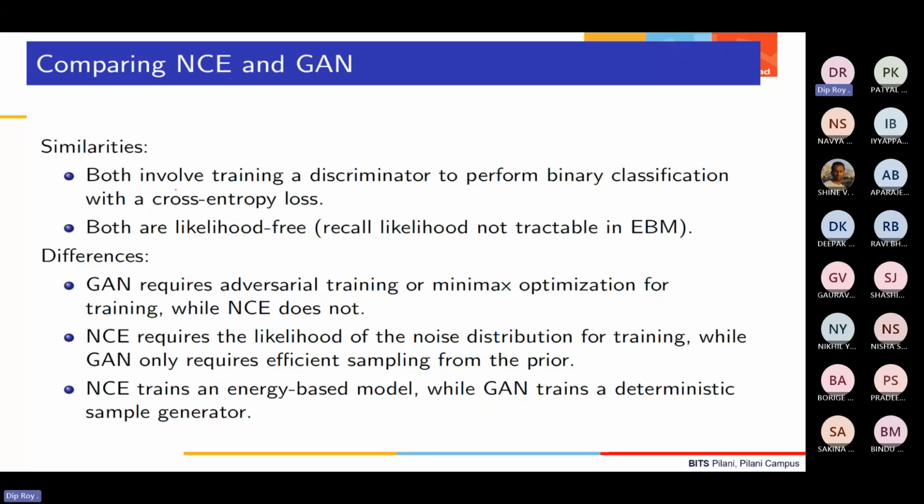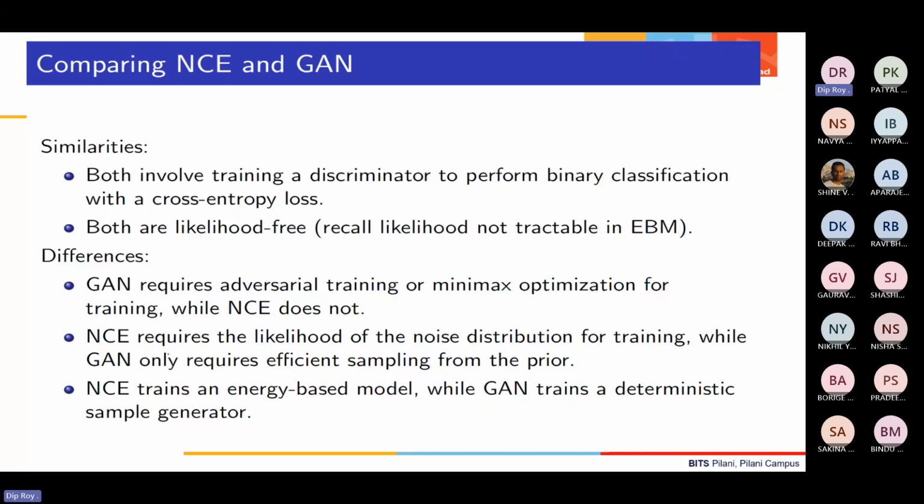The key difference between NCE and a GAN is that both involve training a discriminator to perform binary classification with the cross entropy loss. Both are likelihood free. The difference is GAN requires adversarial training, that is, we do min-max optimization. NCE does not do min-max optimization because your generator is fixed.